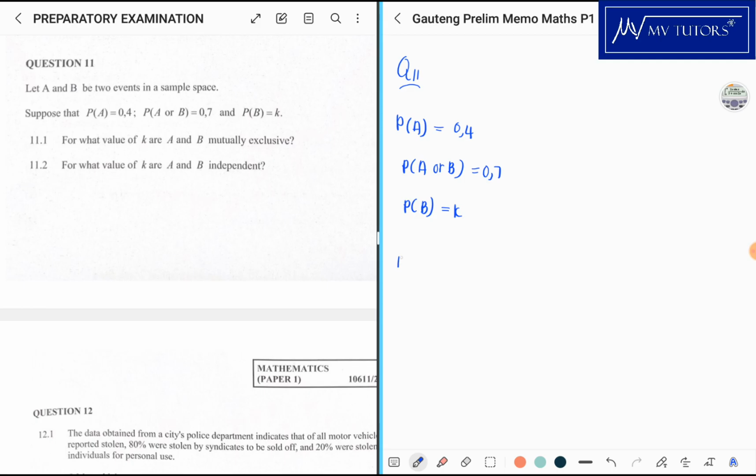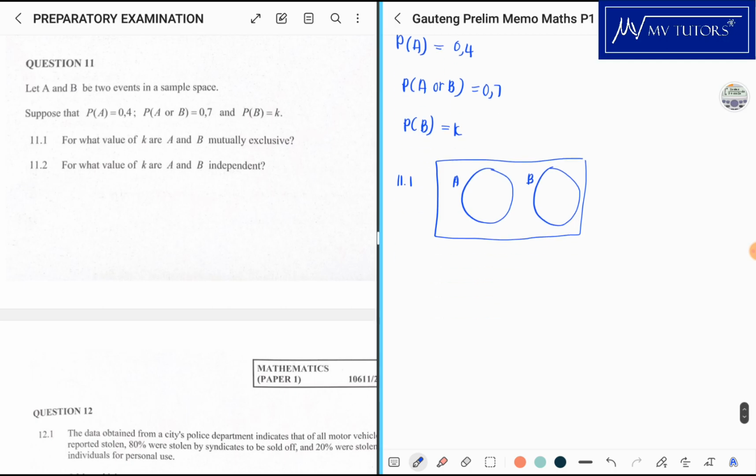Now 11.1: for what value of K are A and B mutually exclusive? Remember, if A and B are mutually exclusive, there is no intersection in the sample space.